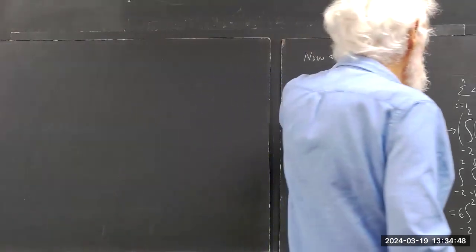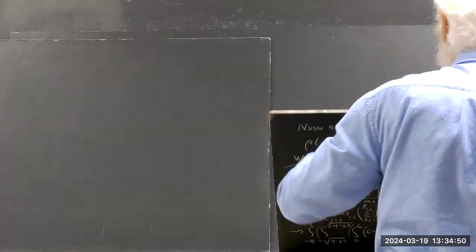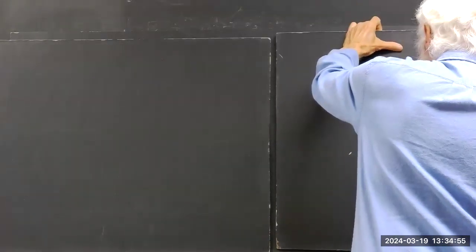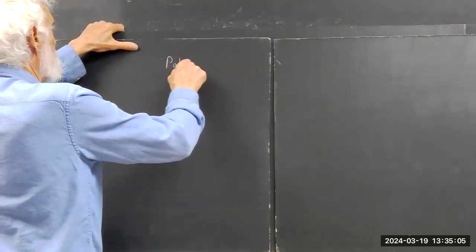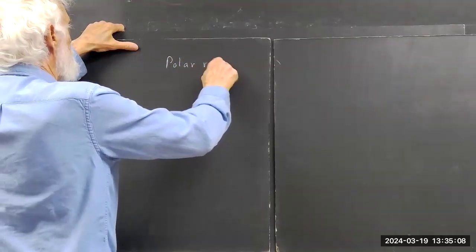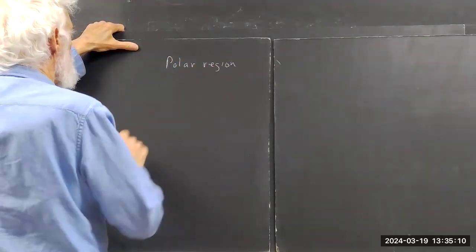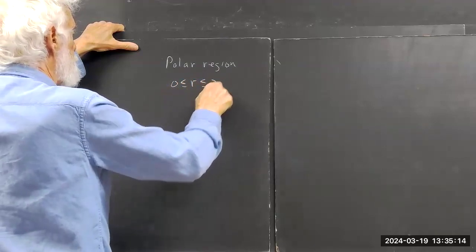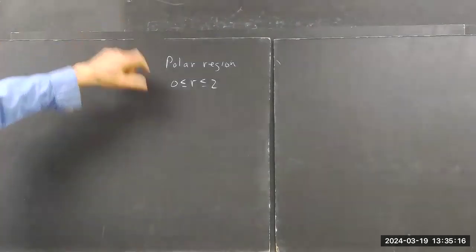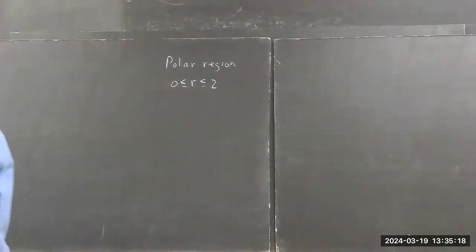So let's move to polar coordinates. First of all, we'll do a polar region, 0 less than or equal to r less than or equal to 2.